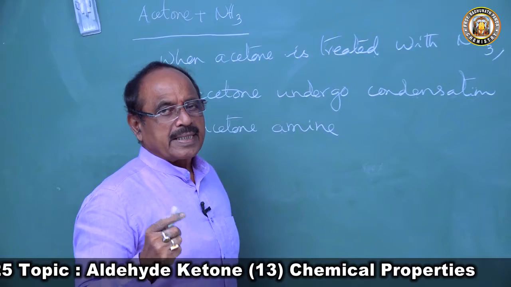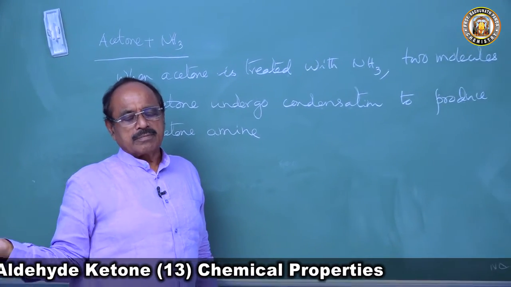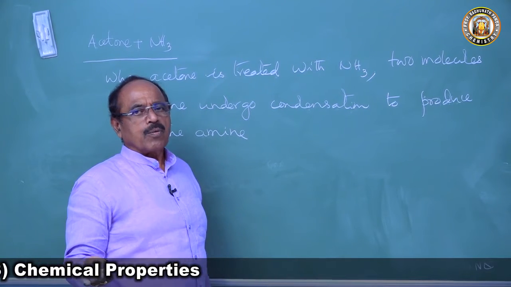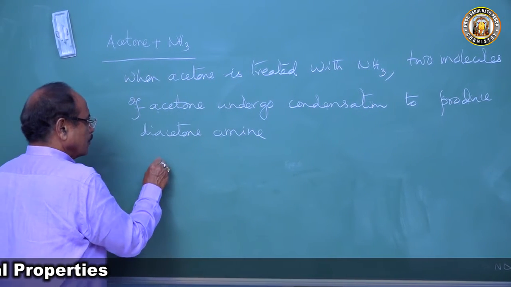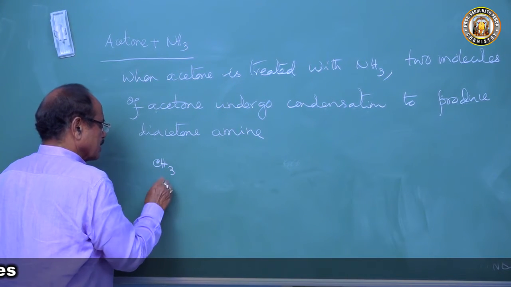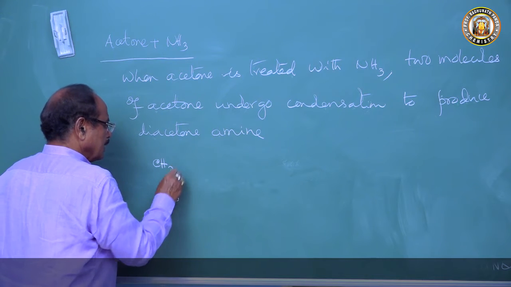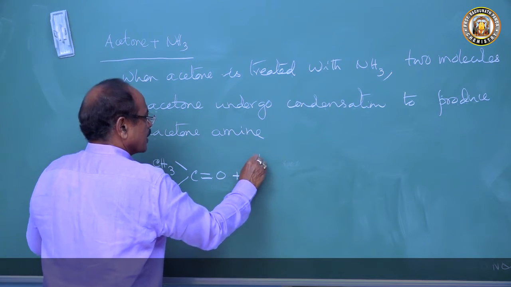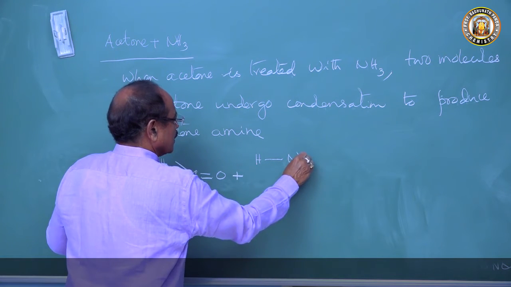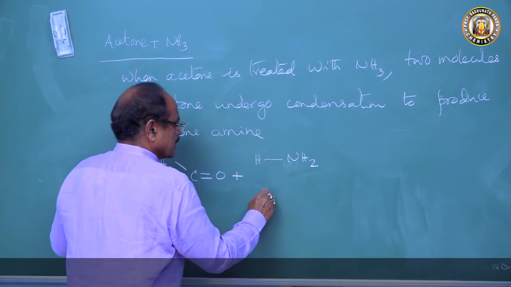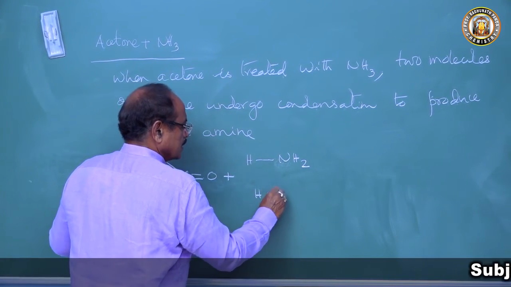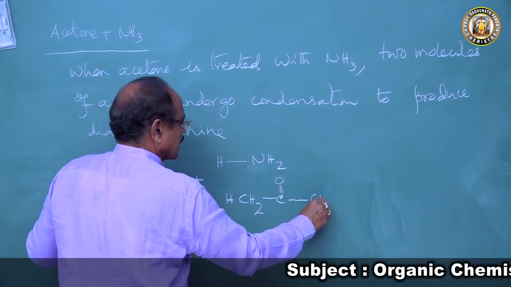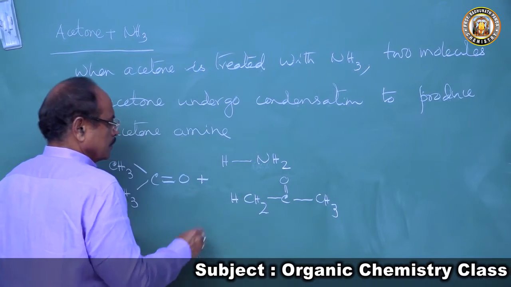I have taught you the reaction. There are some reactions in which the nucleophilic addition reaction takes place with the loss of a molecule of water. So now this is one molecule of acetone, CH3COCH3, plus NH3, another molecule of ammonia, and here is another CH3COCH3 acetone molecule.